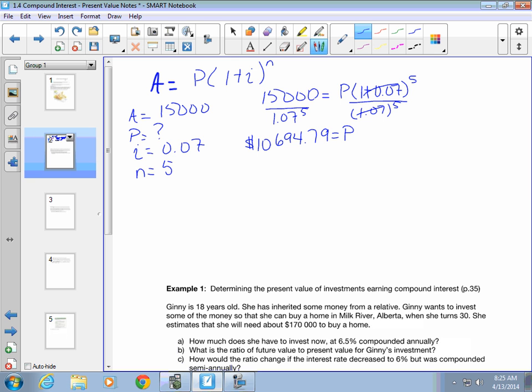Now, if you wanted to do this on your calculator, your N would be 5, the number of payments or periods. Interest is 7. We don't know the present value. Our future value was that 15,000. Payments per year and compounds per year will both be 1.